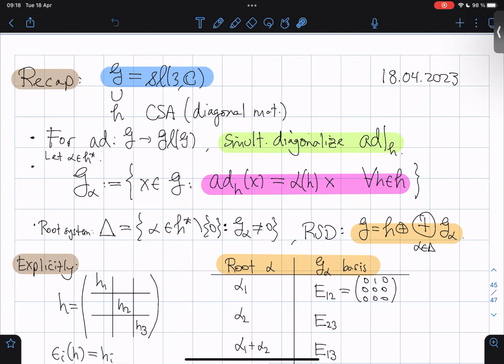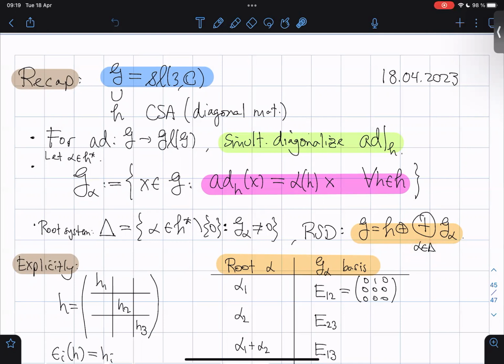This is an abstract space, and we'll get more and more comfortable with it as we go along. From this diagonalization process, G under this action gets chopped up into different eigenspaces, or so-called root spaces. So you have H, and then a bunch of these root spaces indexed by the root system.